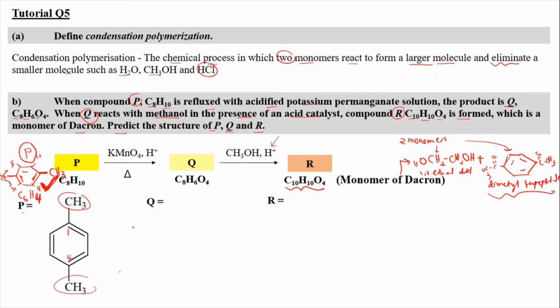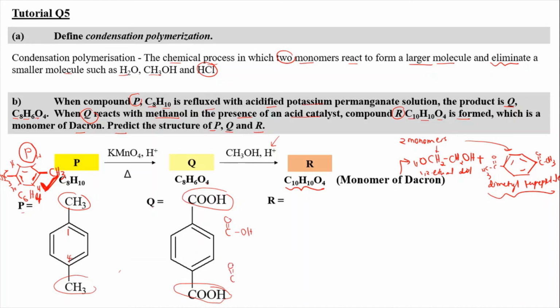So I'm going to get carboxylic acid on this part and carboxylic acid on this other part. Okay, and then this is going to be the structure Q, and this carboxylic acid, which is C double bond O OH, can react with the methanol here.